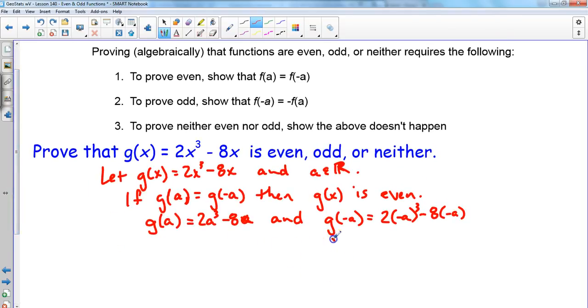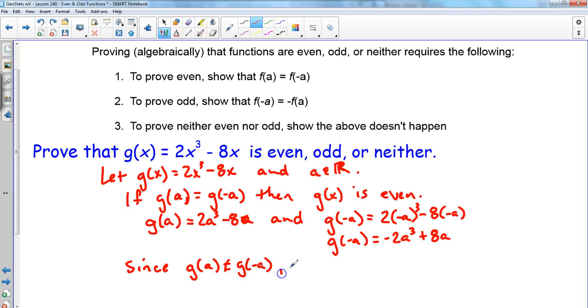Simplify this expression here. g of negative a is equal to, we know negative a cubed is going to remain negative, so it's going to be negative 2a cubed, and that ends up being plus 8a. So we compare these two, g of a and g of negative a, and we see that they're not the same. So since g of a is not the same as g of negative a, this function is not even.